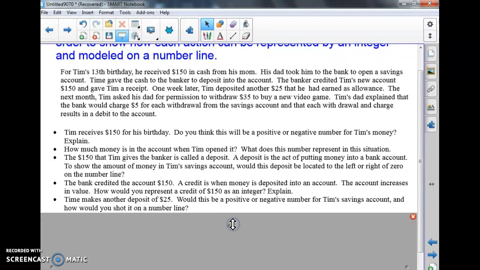Tim then makes another deposit of $25. So would this be a positive or negative number for Tim's savings account? And how would you put it on a number line?